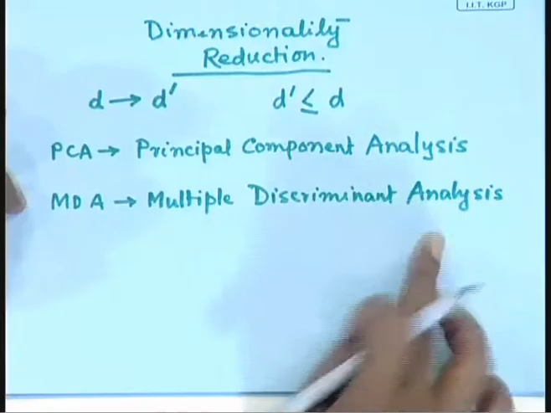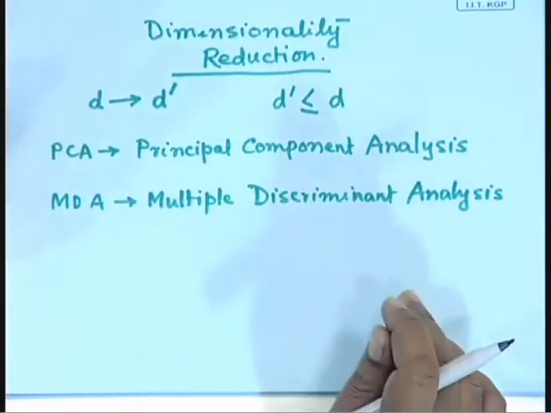So, what multiple discriminant analysis tries to do is, when you take a projection onto a different feature space, it tries to separate the mean vectors of different classes, and at the same time tries to make the samples belonging to the same class more compact. That means, within class scatter is reduced, whereas between class scatter is increased.